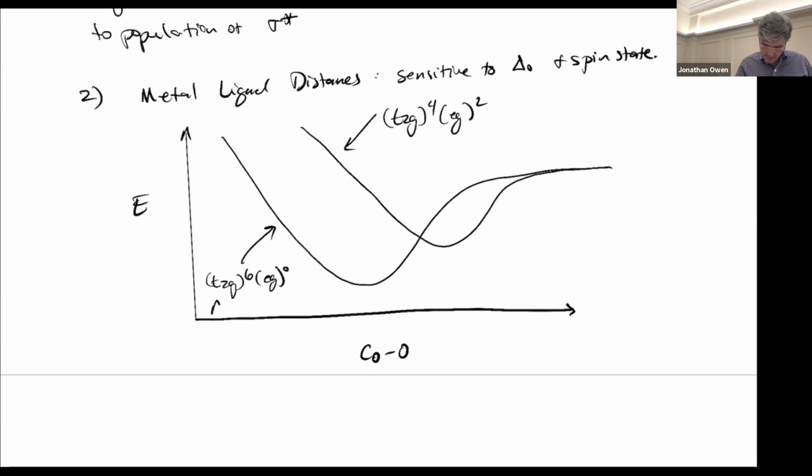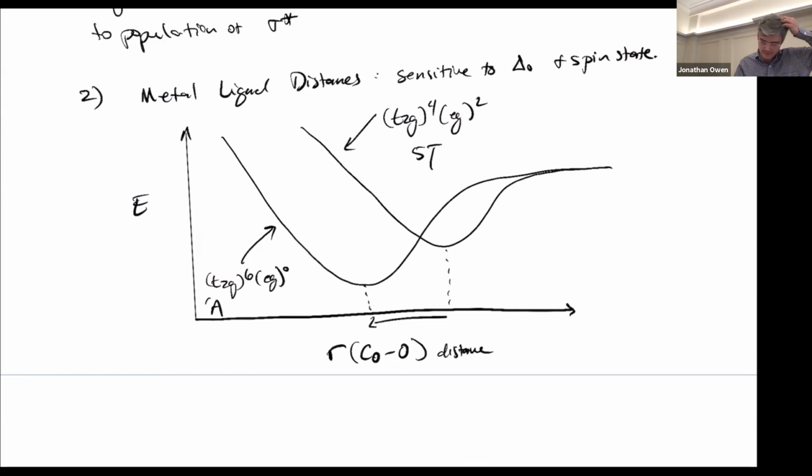So this is the A1 state and the quintet T state. And what you'll notice here is that this is the distance for the cobalt oxygen bond.